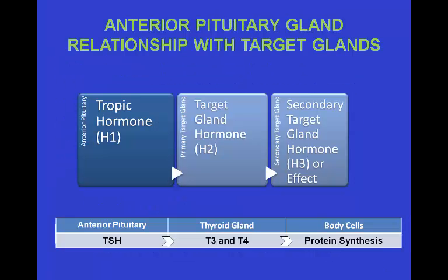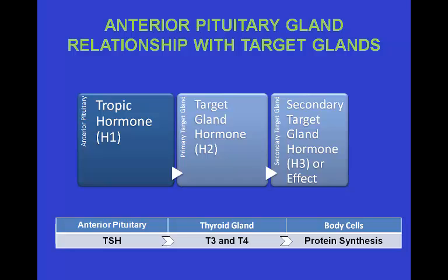This slide will look familiar to you, except this time it's illustrating the relationship between thyroid stimulating hormone, T3 and T4, and protein synthesis. So if you look at the first box there on the left, the anterior pituitary releases a hormone, a tropic hormone. In this case, it's TSH.